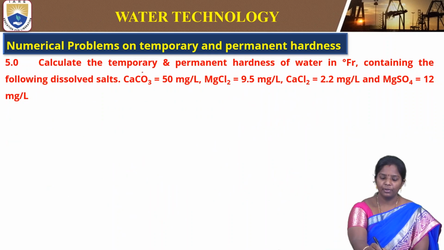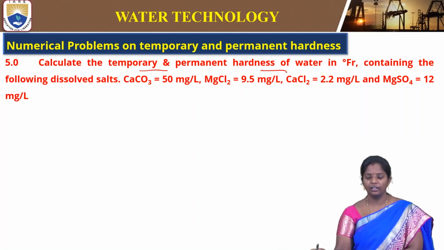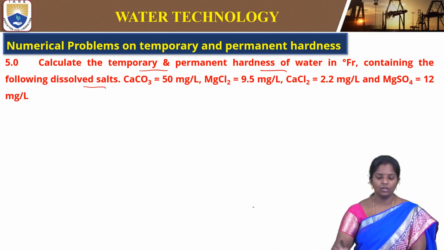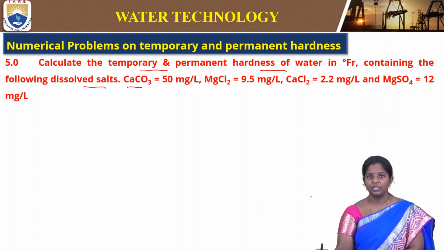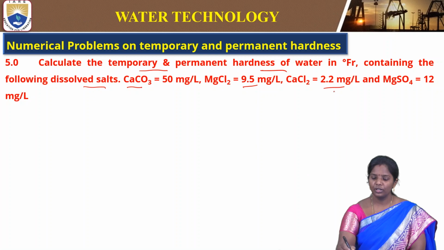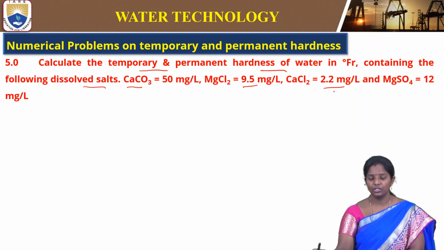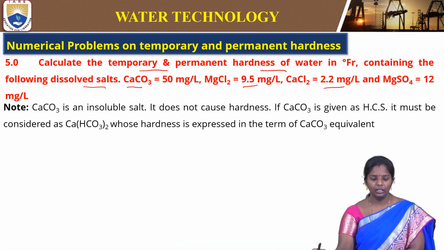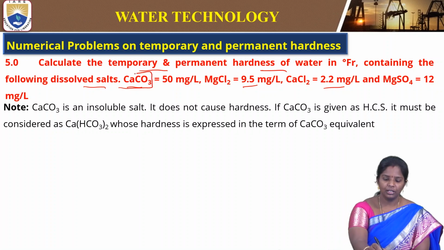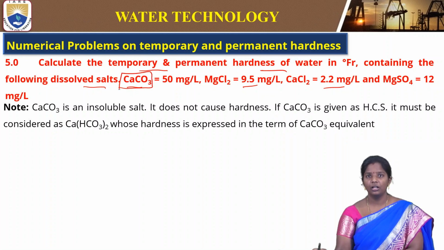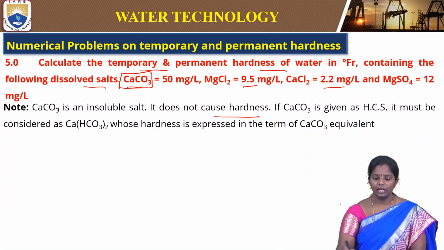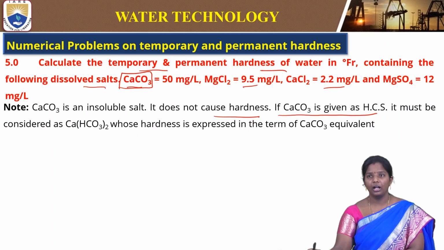Next, calculate the temporary and permanent hardness of water in degree French containing the following dissolved salts: calcium carbonate 50 mg per liter, magnesium chloride 9.5 mg per liter, calcium chloride 22.2 mg per liter, and magnesium sulfate 12 mg per liter. Calcium carbonate is an insoluble salt, so it does not cause hardness, but it is given here as a hardness causing salt.